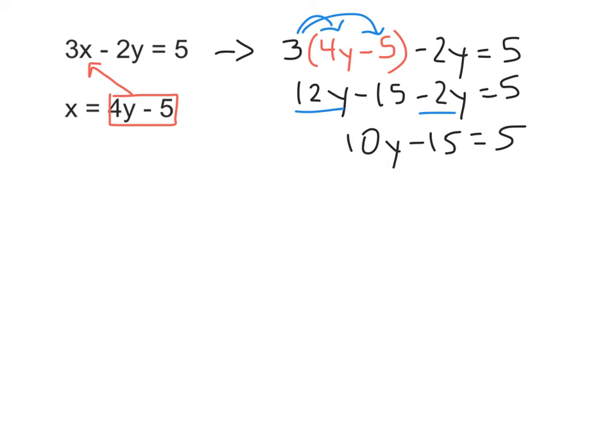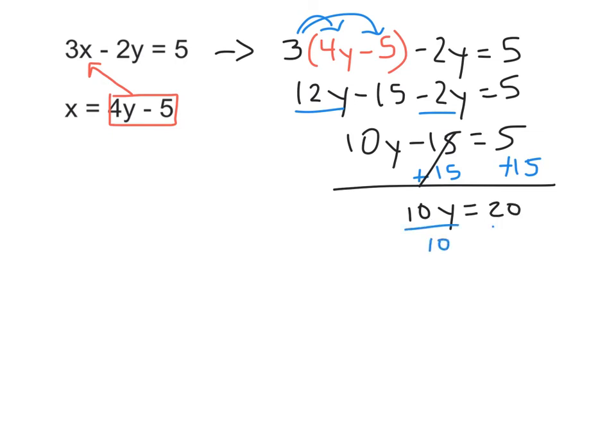We're going to add 15 to both sides of the equal sign. Add 15. And we get 10y equals 20. We'll now divide both sides by 10. And y equals 2. This time, be careful. We want to put that 2 right here. It is the y value.